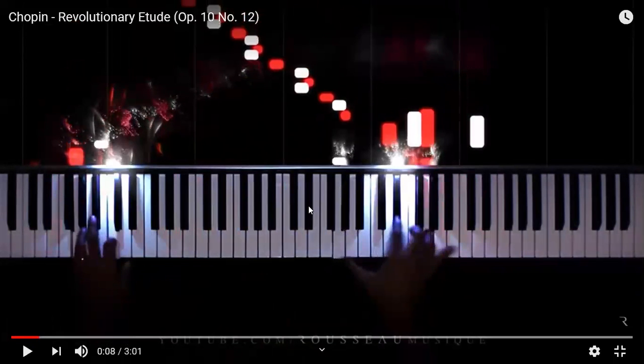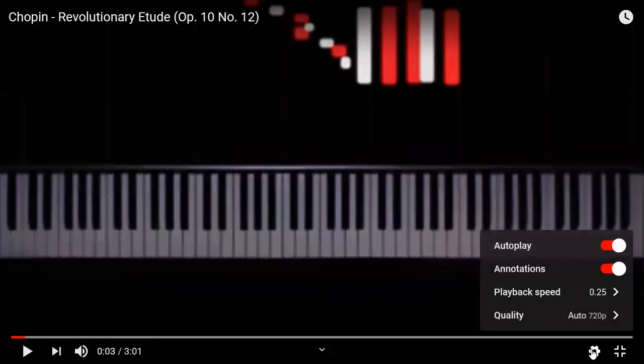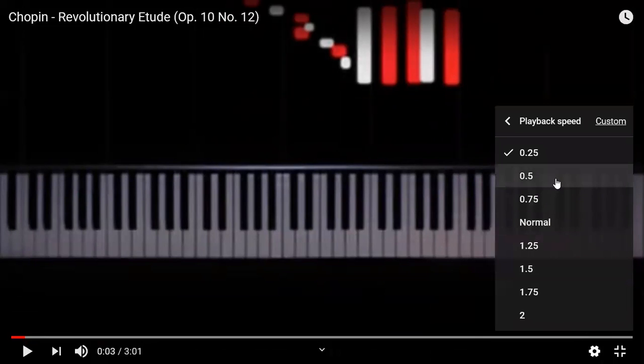Do you see how the basis of this kind of winding left hand, that's probably a little too slow because it just sounds really distorted. So let's do this one.